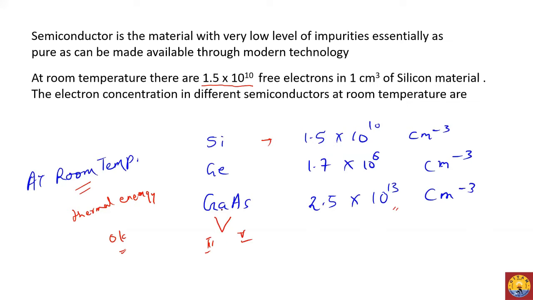So third and fifth columns form another semiconductor. So we have different values of free electrons at room temperature. Always remember that because of thermal energy, the semiconductor has free electrons.